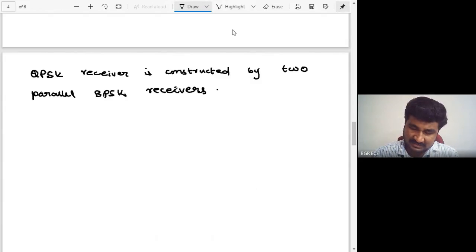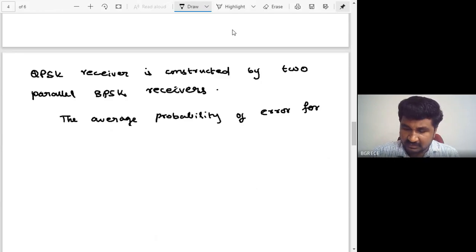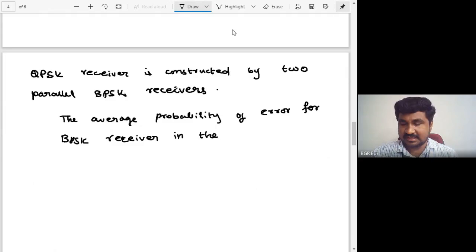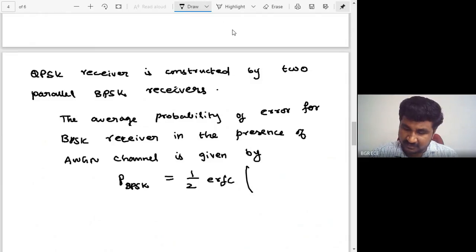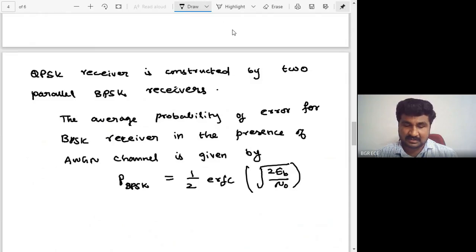Hence, we know that the average probability of error for a BPSK receiver in the presence of an AWGN channel is given by the probability of error P_BPSK equal to half into error function of square root of 2 Eb by N naught, where Eb is the bit energy.